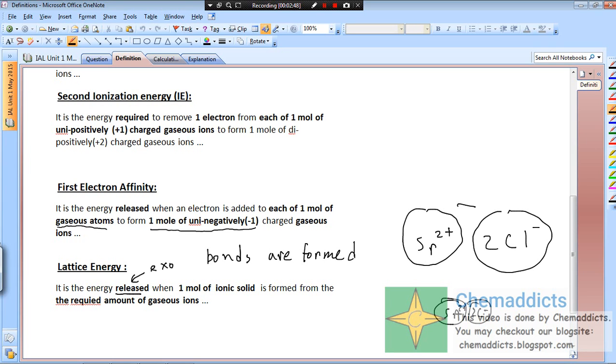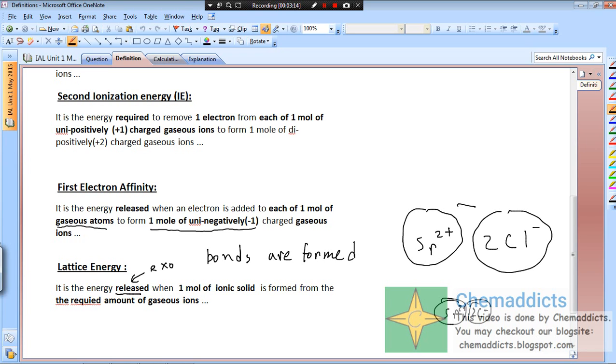Since gaseous ions bond together to form an ionic solid, this is lattice energy. We always know that when bonds are formed, energy would be released. Since the bonds are formed, the energy would be released, and that energy released would be exothermic.